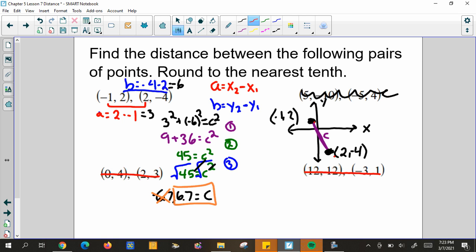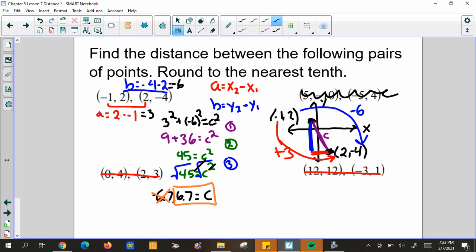From 2 up, or 2 to -1, actually I'm going to go the other direction. From -1 to 2, that's +3. And that will be our horizontal distance. And from 2 down to -4 is -6.